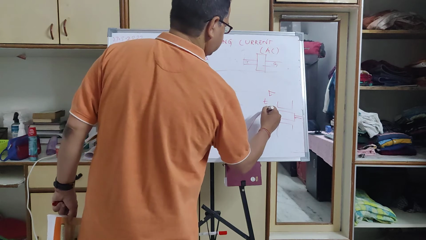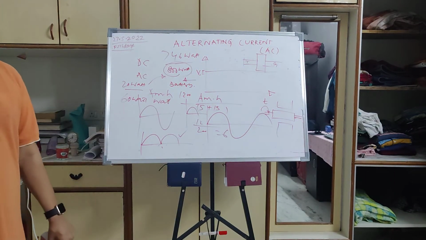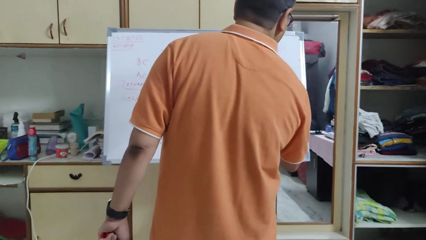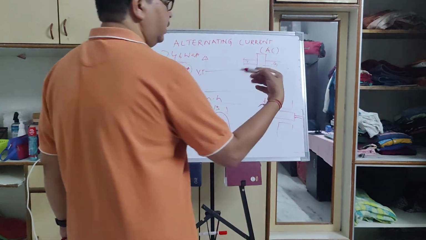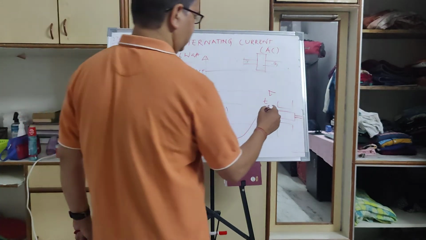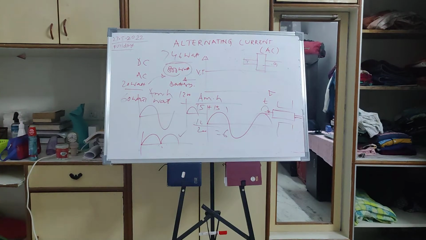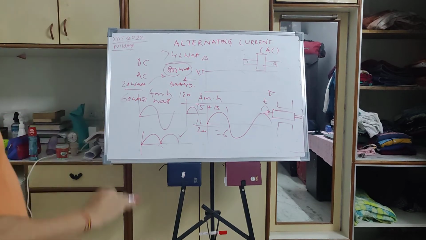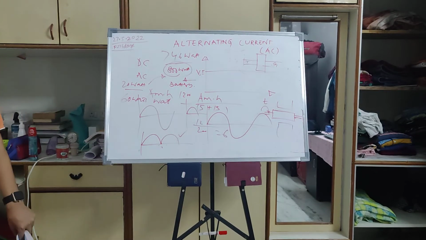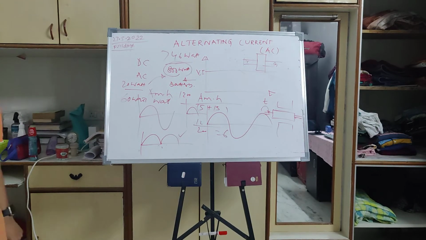This shaft is rotating, which means a conductor is rotating inside a magnetic field, so the magnetic flux is changing. When there is a change in magnetic flux, current will flow. That is Faraday's law. That current will be alternating current because the direction will change every half cycle.